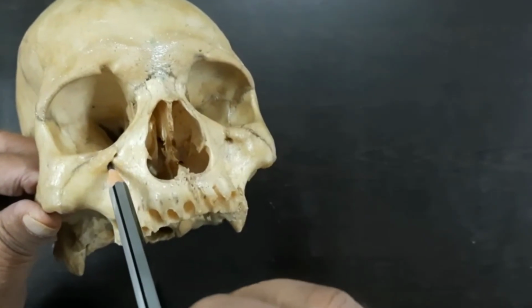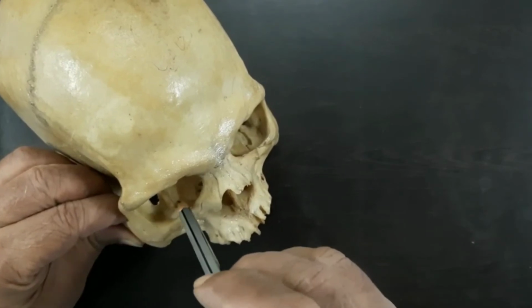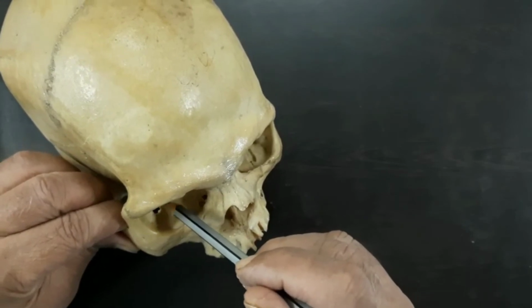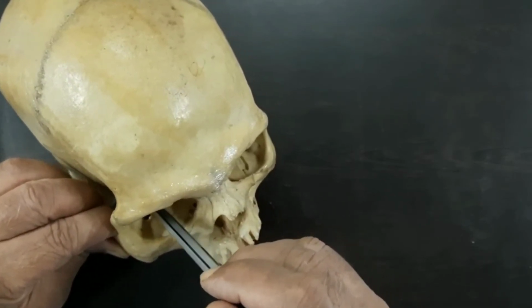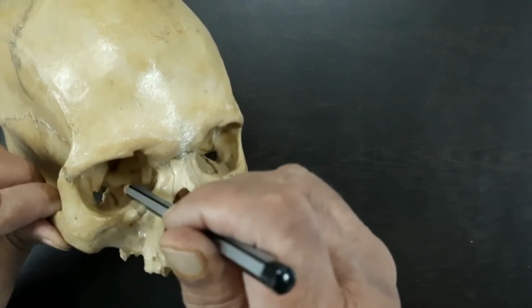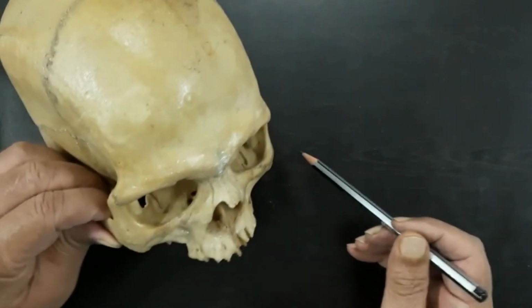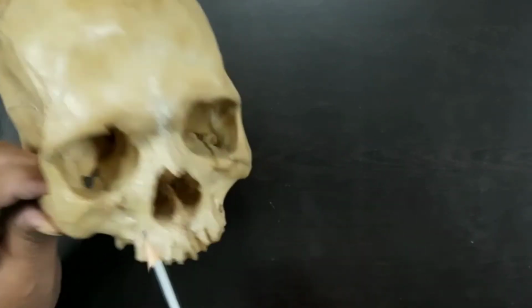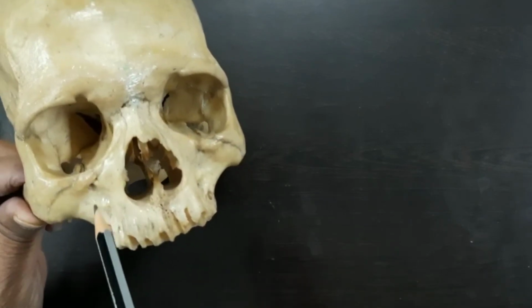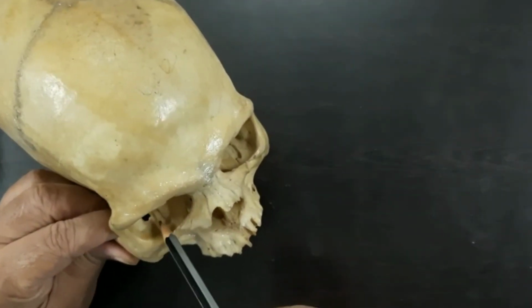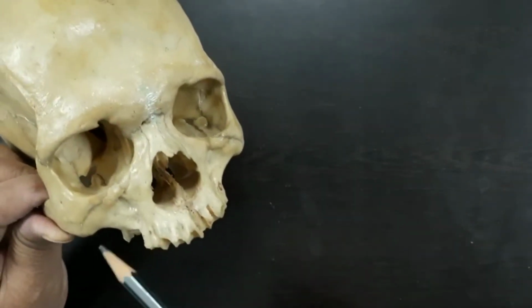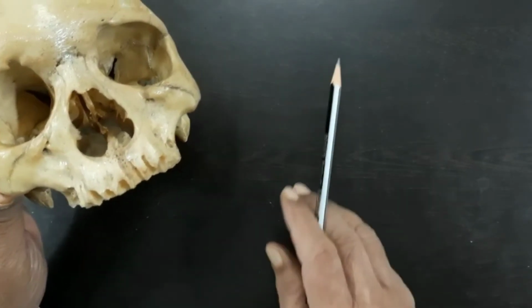If you pass a wire here, it goes into the infraorbital canal in the floor, which posteriorly continues with a groove communicating with the inferior orbital fissure. This canal is present in the maxilla, on the floor, and opens into the infraorbital foramen, which gives passage to the infraorbital nerve and vessels.